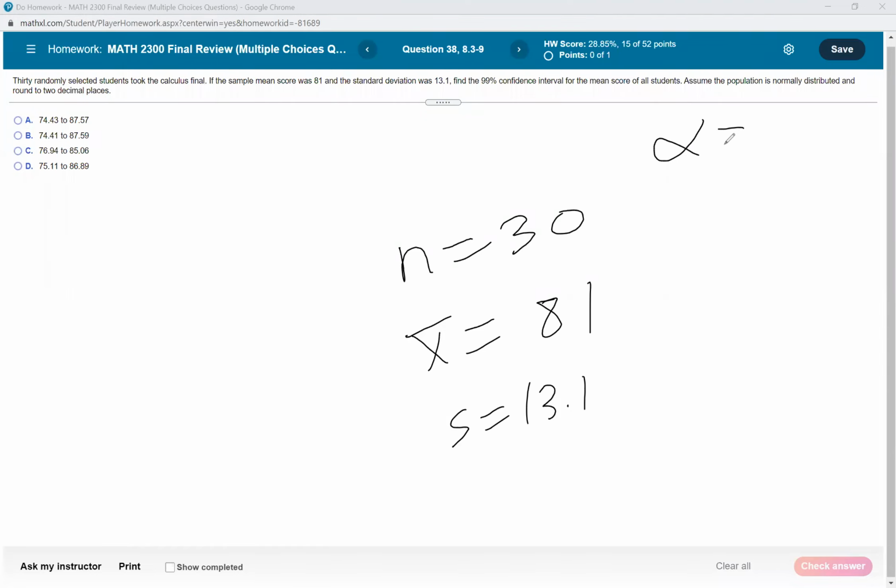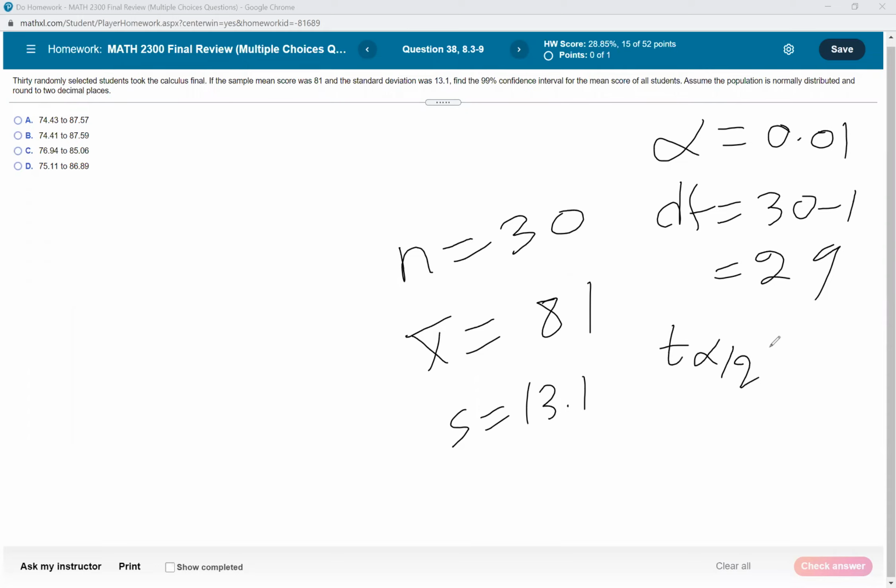Alpha is 0.01. Degrees of freedom is then 30 minus 1, which is 29. So you need to find t alpha over 2, that means t 0.005, where degrees of freedom is 29.